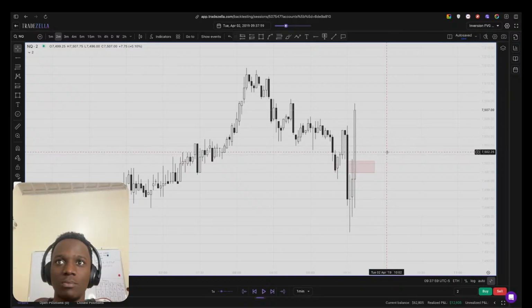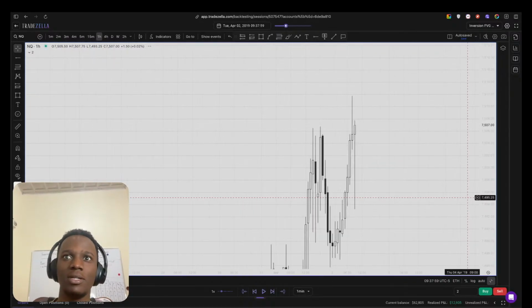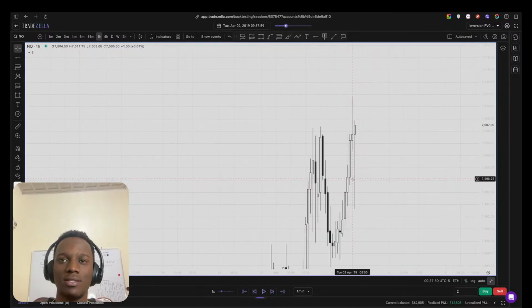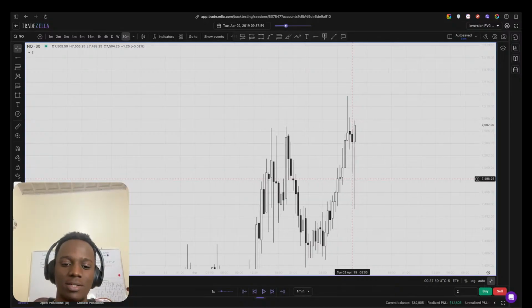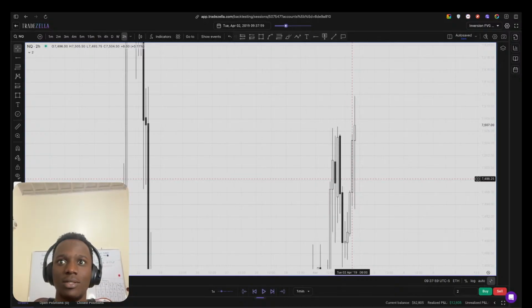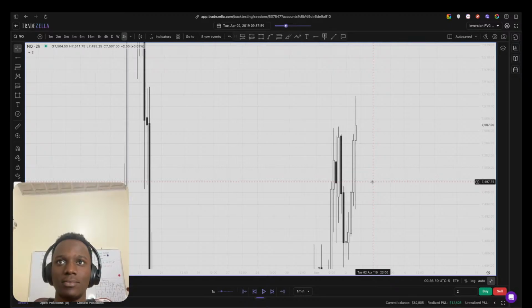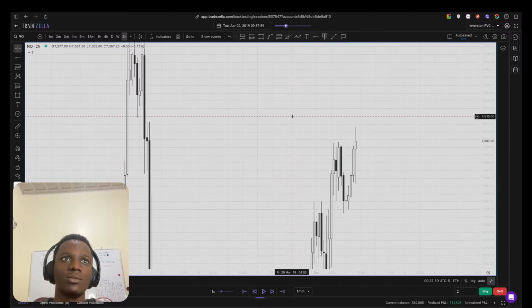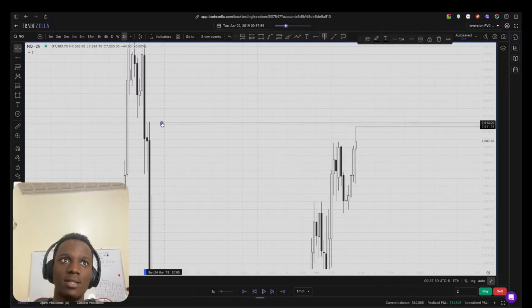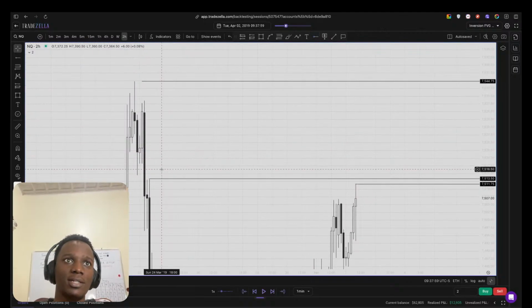Two-minute inversion, 1-minute inversion. I mean, this would be a great setup because this thing here is rejecting, this 1 hour is rejecting, and 2 hour is rejecting. So I think longs could be good towards these highs here and these 2 hour unfilled gaps.